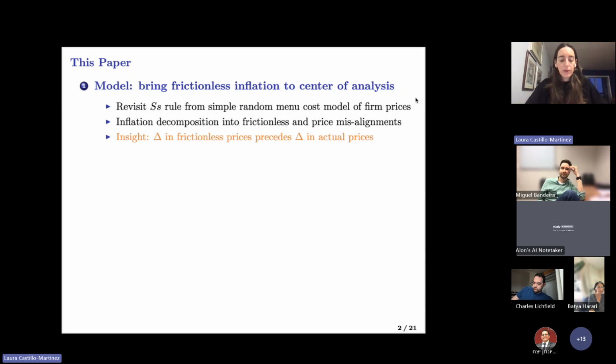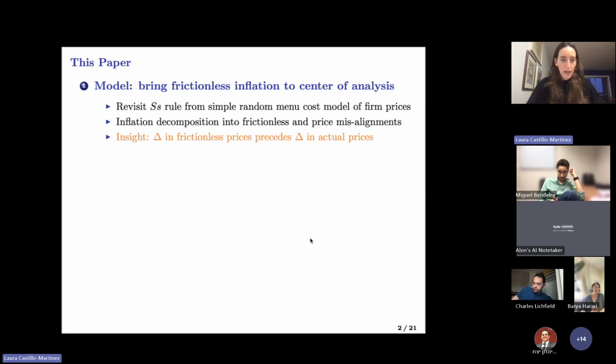Hopefully I'm going to introduce some of the uses we're thinking about giving to the object, but the insight I want to push forward today is that frictionless prices in these models tend to precede changes in actual prices. So we think frictionless inflation is going to look like a leading indicator for actual inflation, and that's what we're going to pursue by looking at it.